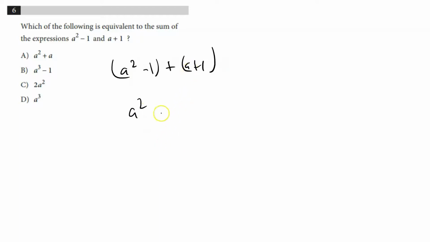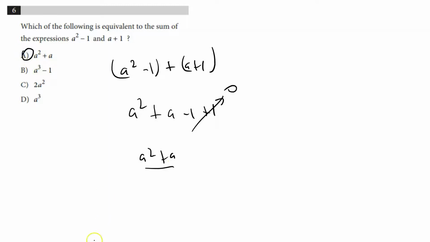This plus a is the only a term, so we're going to leave that be. And this negative 1 and plus 1, negative 1 plus 1 is just 0. So we have a squared plus a. Which does that match? Answer choice A.